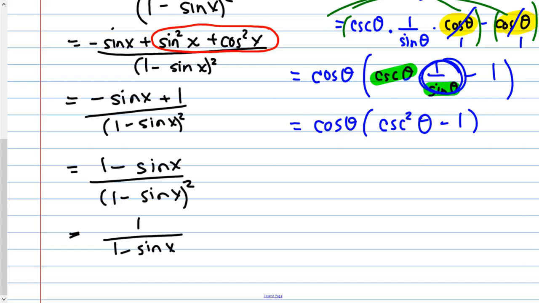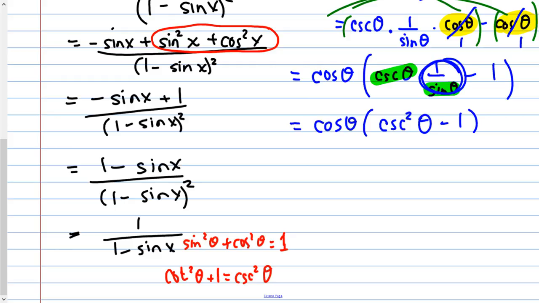Let me just write it. So I'm talking about cotangent squared theta plus 1, and that's going to equal cosecant squared theta. Just like sine squared theta plus cosine squared theta equals 1. Okay? I mean, they're not exactly alike.